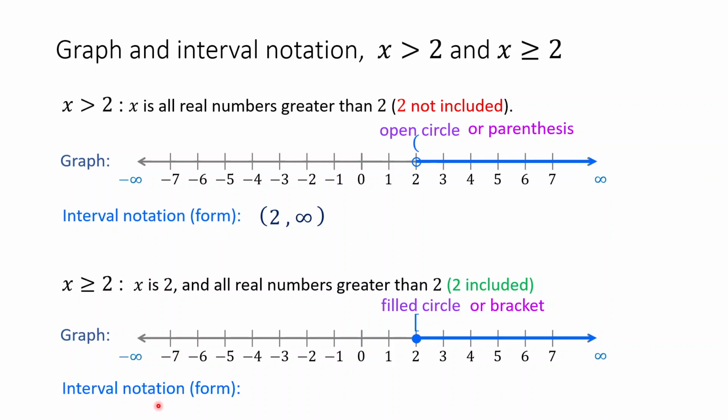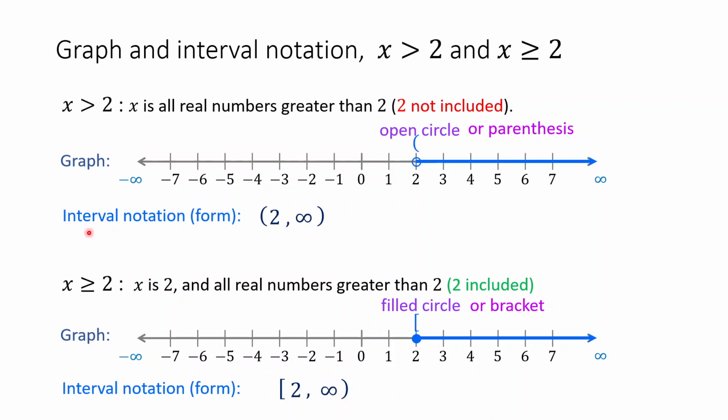Now the interval notation, or the interval form. Leftmost number is 2, comma, rightmost infinity. Filled circle, put a bracket, then infinity, you need to always put parenthesis.